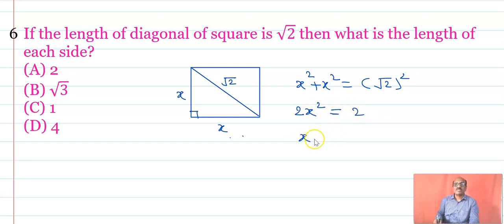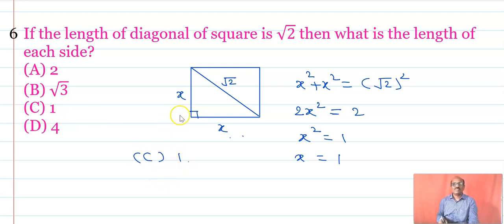You get 2, therefore x square is equals to 1, and therefore we'll take plus or minus, त्यातला आपण plus घेणार. Then what is the side? Then each side is 1. This option कोणता येणार त्यामध्ये? Option C is the correct one.